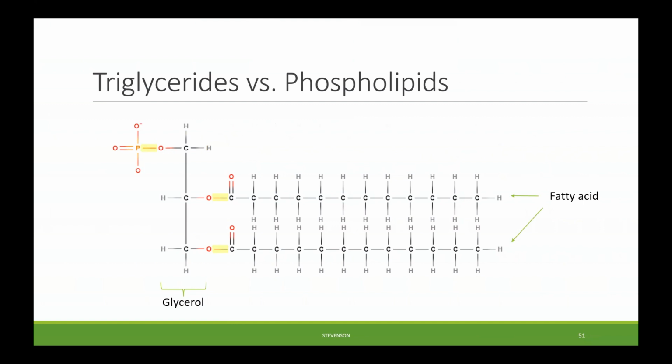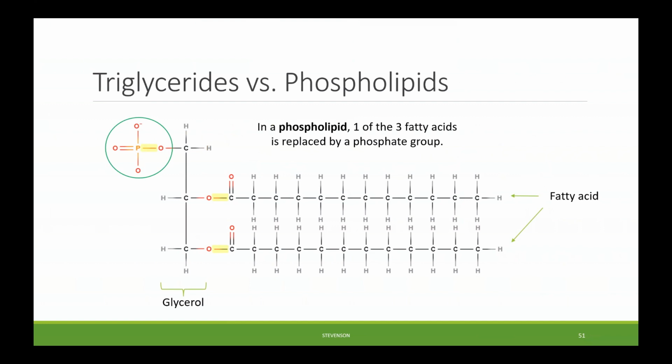Instead of having 3 fatty acids, phospholipids only have 2. And in the place of the third, there is a different structure locked into that third site on the glycerol molecule. And this structure is called a phosphate group. It's named for the fact that it has an atom of the element phosphorus situated in the center.